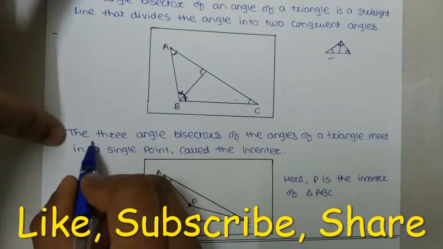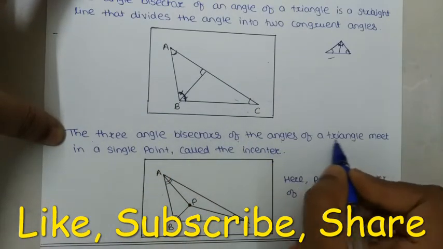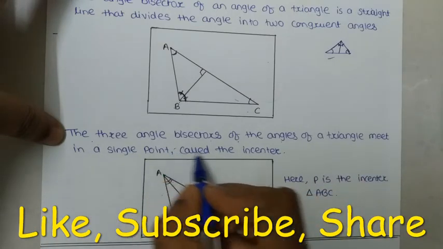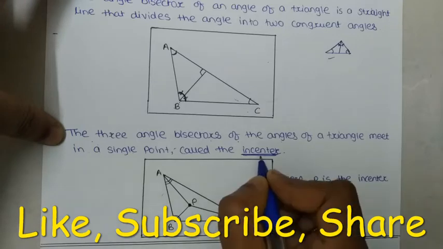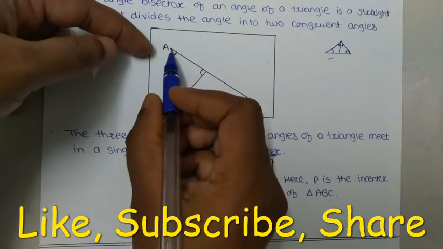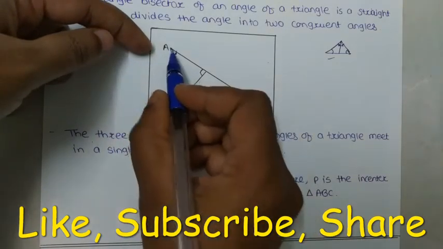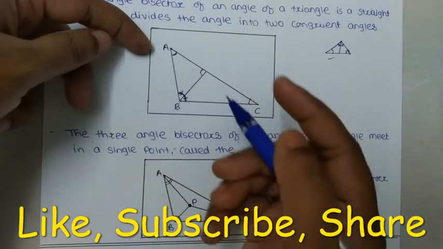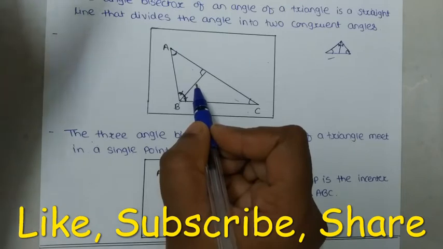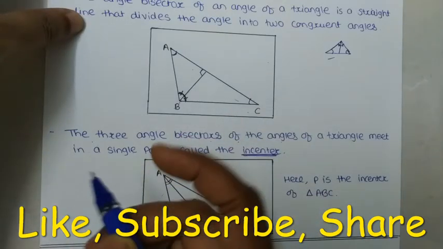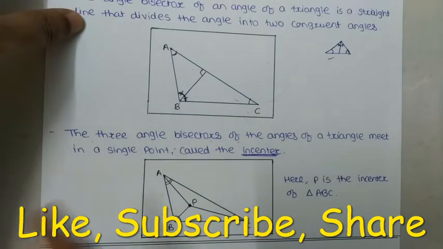The three angle bisectors of a triangle meet at a single point called the incenter.